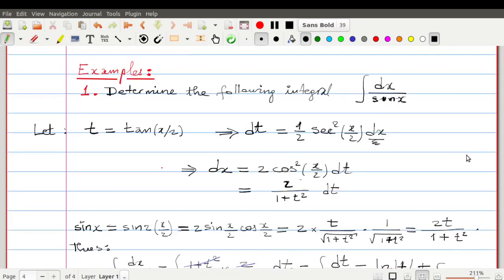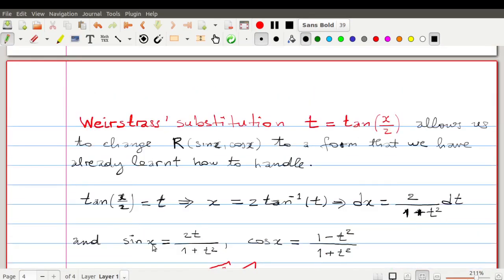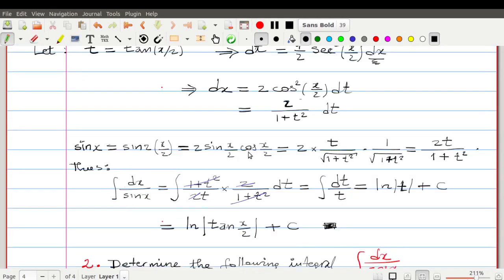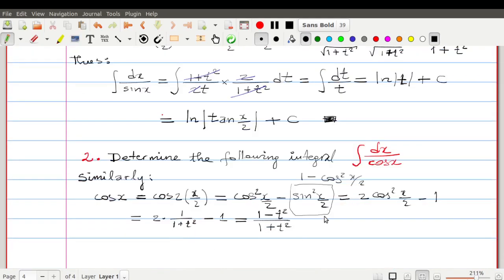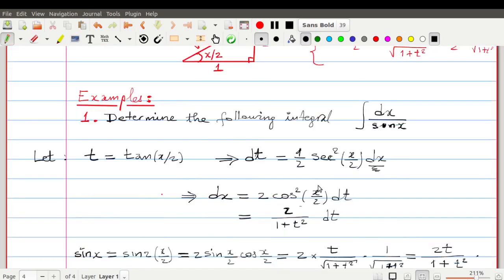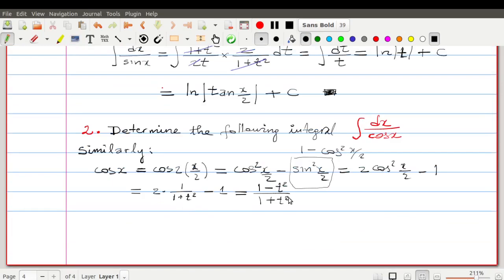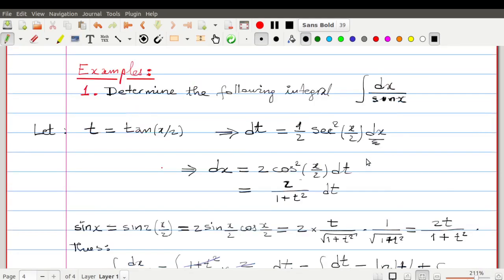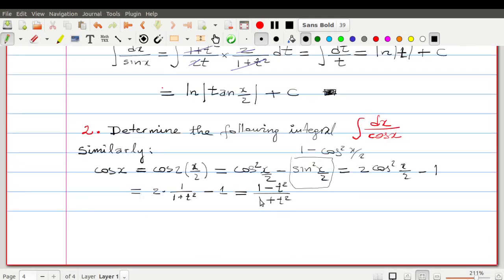Here I only wrote the formula, but here we actually show how to obtain the formula. So it's not a waste of time. Here I just plug in the formula, but here I'm giving the steps on how to obtain it. Great. So we already know those expressions and how they are obtained. We just substitute them into our integral.